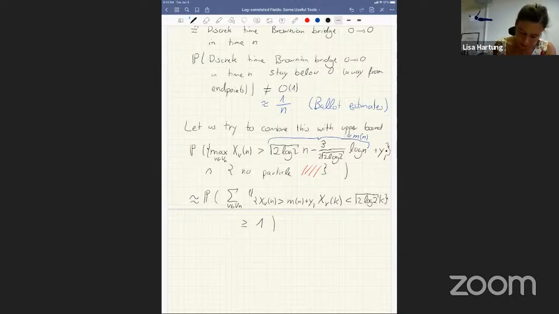And now I can use my trick from yesterday again with Markov's inequality. So I can bound this by the expected value of the sum, E in the n, and here I just copy.